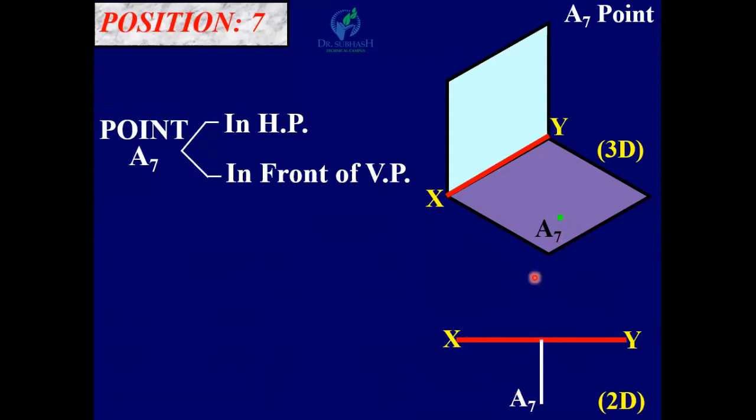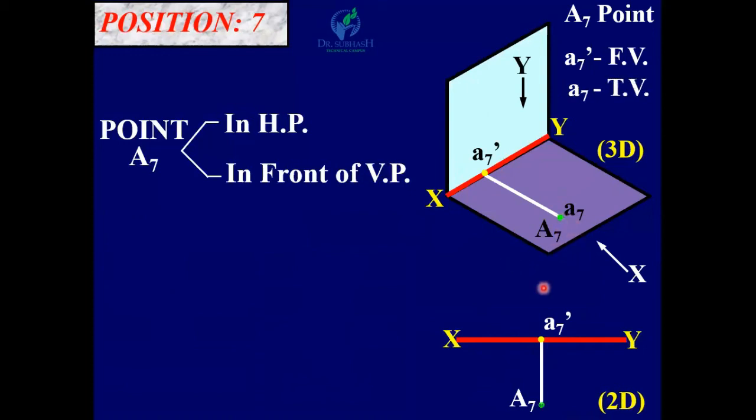Okay, if we rotate this plane by 90 degrees, now in front view, you can see the front view A7 dash is on XY line. Now for top view, A7 will be here and it is below XY line.